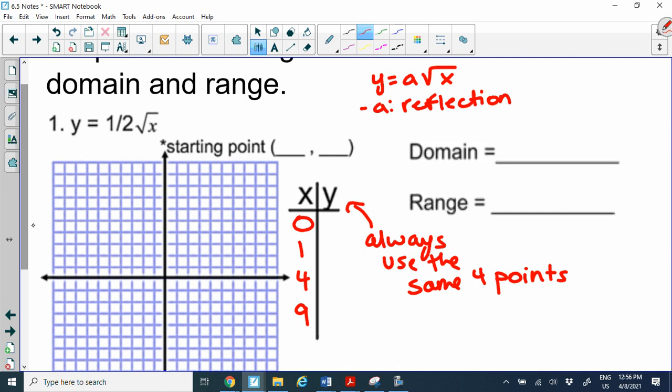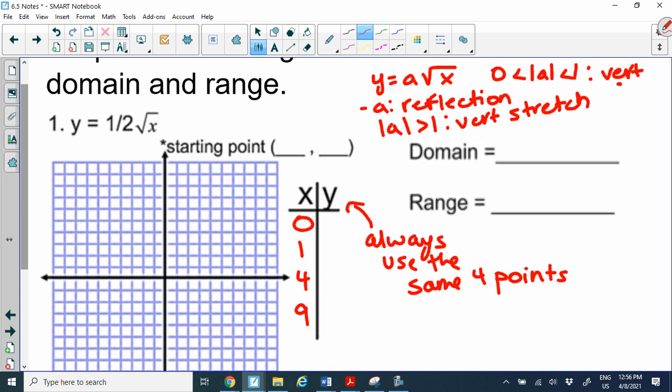Now, if the absolute value of a is greater than 1, that's what we call a vertical stretch. If our a value is in between 0 and 1, and we take the absolute value of it, that's what we call a vertical shrink. So notice here that our a value is 1/2, so this is where we would say we have a vertical shrink.